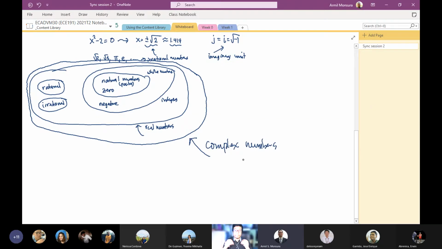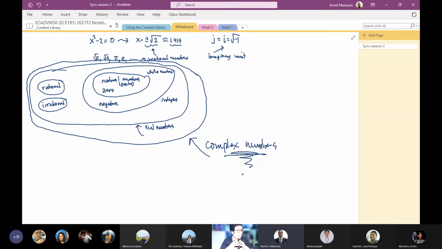Now, as of now, this is the largest universe of numbers that we have. Ito na yung pinakamalaking set of numbers that we know as of now. But we don't know if someday we will have to extend these complex numbers into a larger set. Pero as of now, that's the largest universe of numbers that we know of.